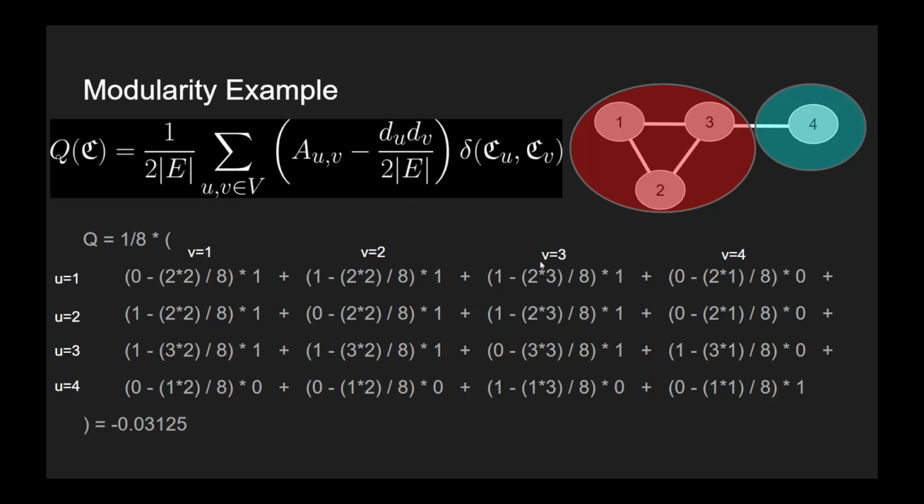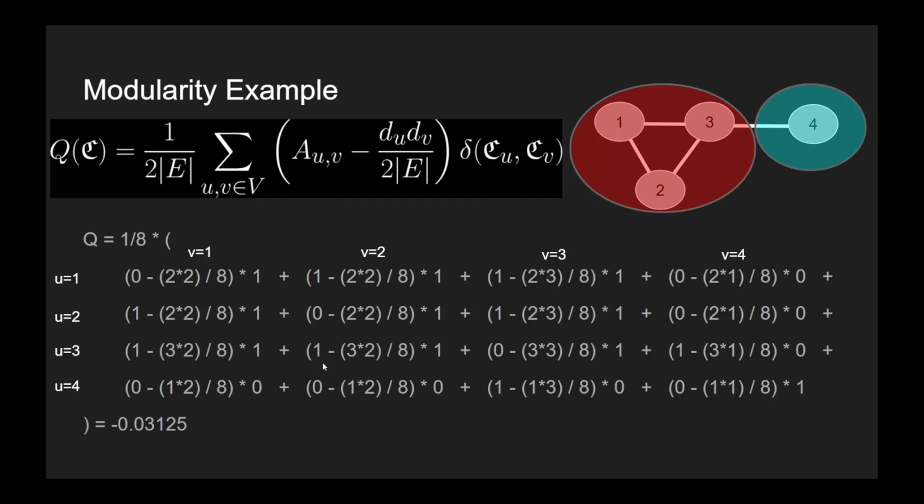This here will be the term for U equals 1 and V equals 3. Down here we have the term for U equals 3, V equals 2. So maybe we'll just look at one of these terms. Here, we'll do the one I was just at. So U equals 3 and V equals 2.